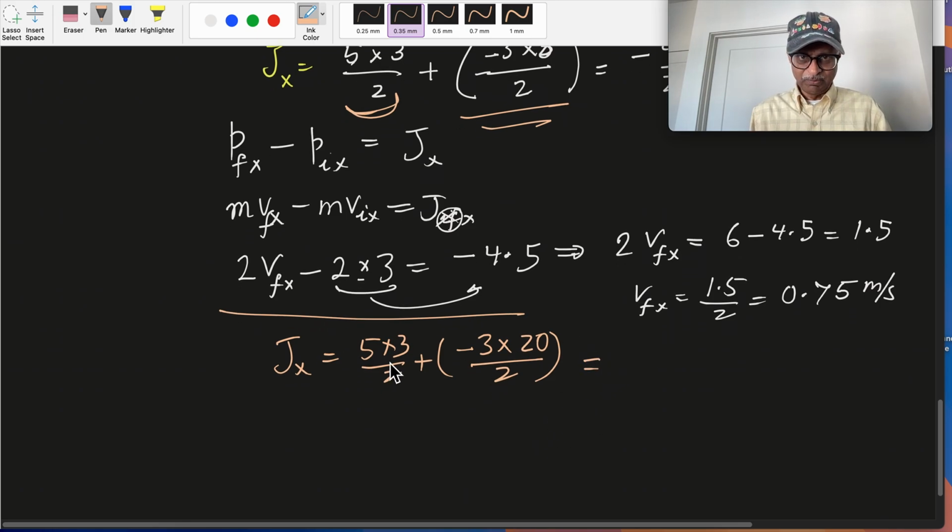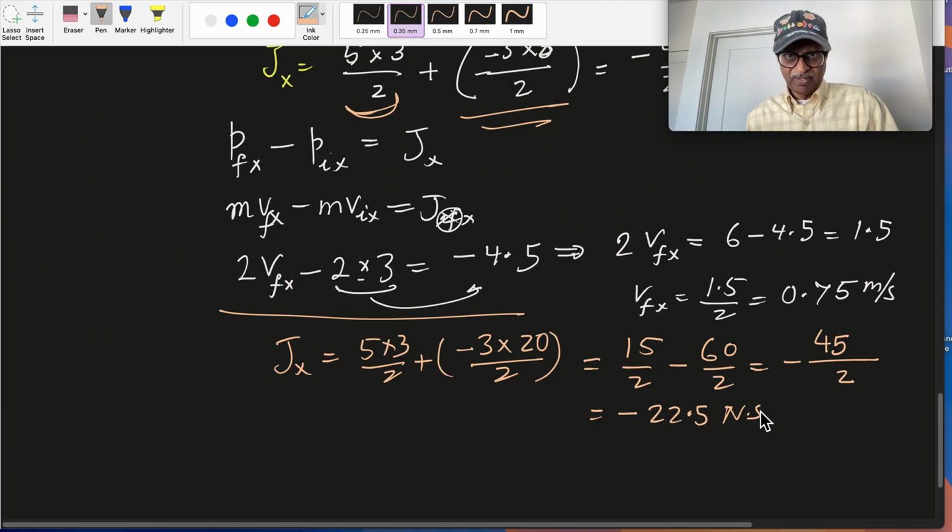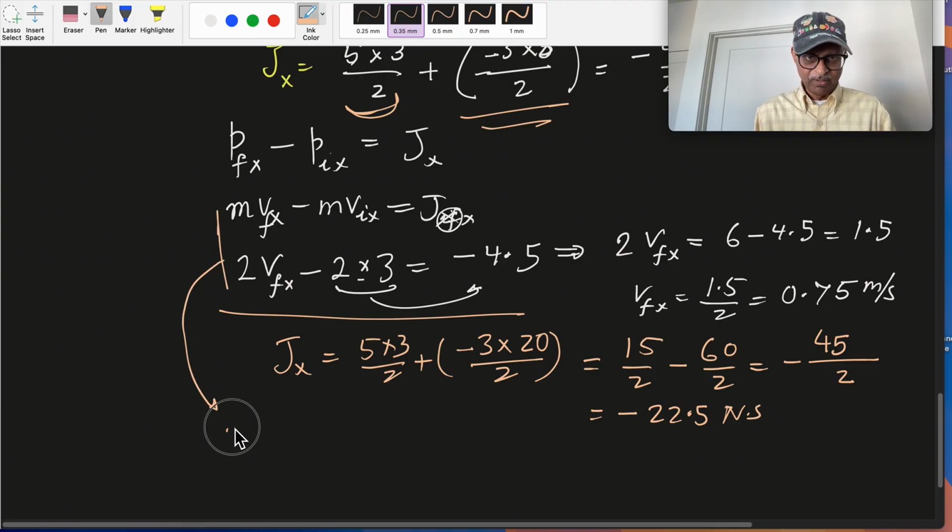So this is 15 over 2 minus 60 over 2, which is minus 45 over 2, minus 22.5 Newton second. Now if you work it out, 2 v final x minus 6 again, equals minus 22.5.